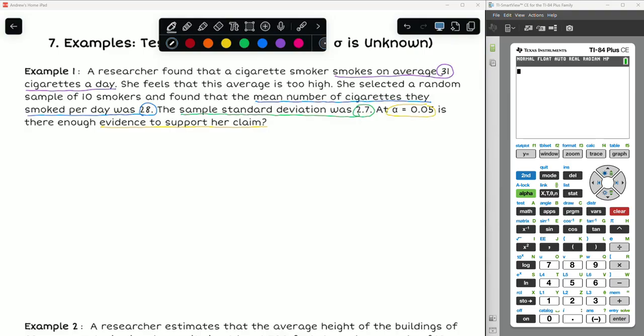So we're going to go ahead and follow our step list from earlier in this unit. I know my first step is to define the variable, and I know that I'm testing a claim about a mean, and it's the average number of cigarettes a smoker smokes per day.